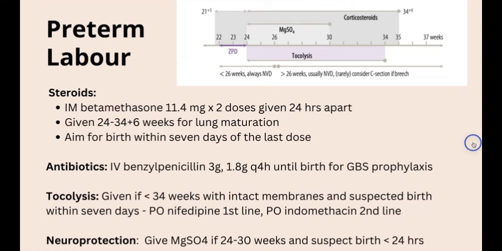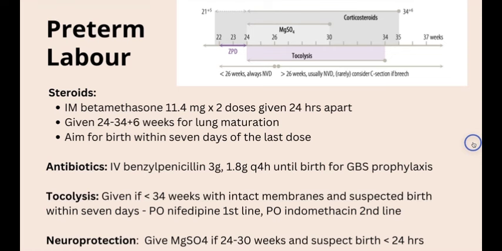So tocolytics are drugs that are used to delay labor in pregnant people less than 34 weeks and who have intact membranes and are suspected they're going to give birth within the next 7 days. And in Monash prompt, the first line treatment is oral nifedipine with oral indomethacin as the second line.